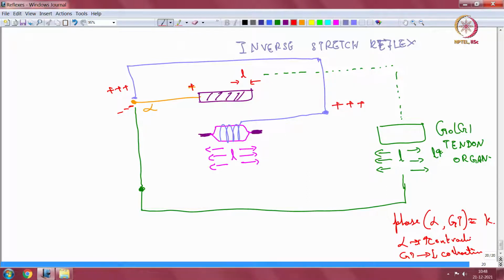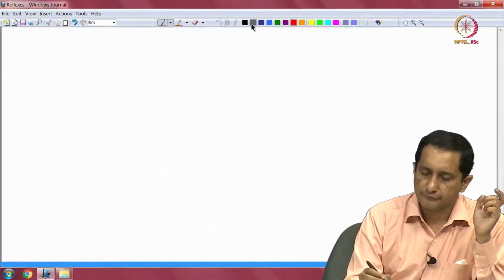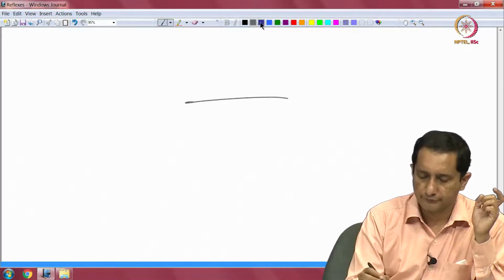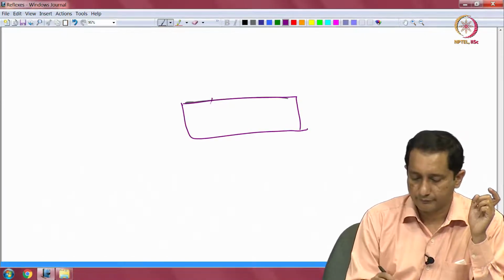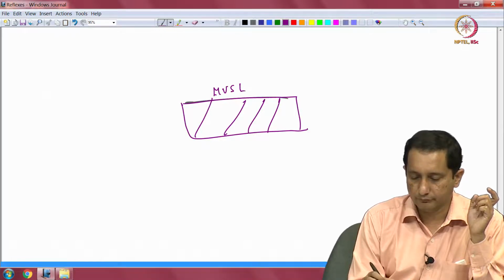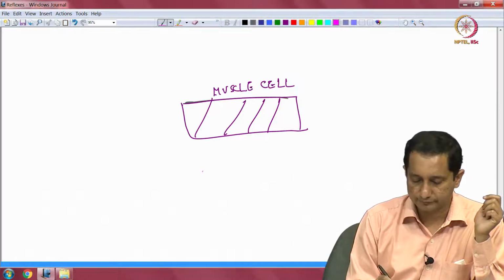These are very local. If we draw just the muscle circuit, it would be something like this. This is in parallel.